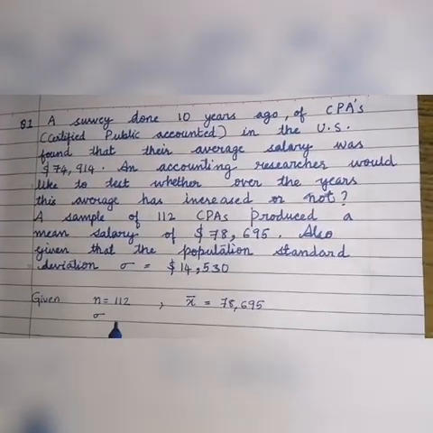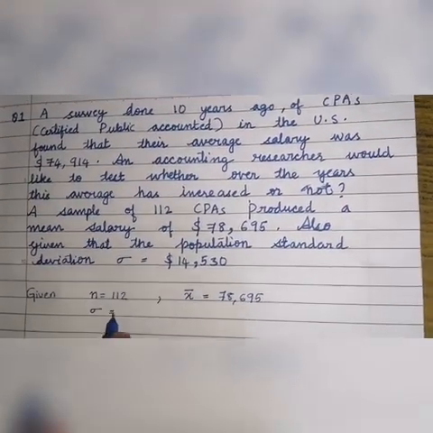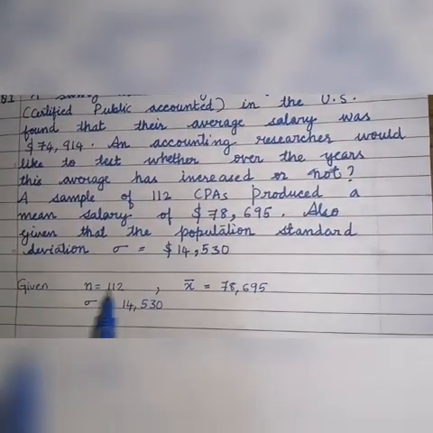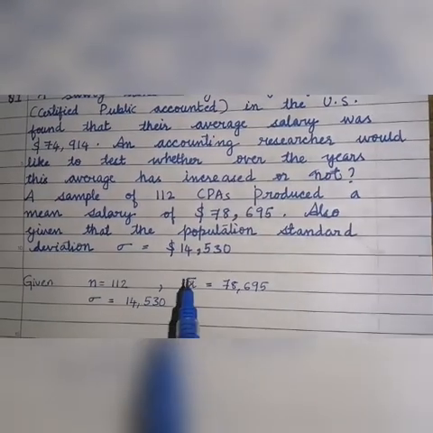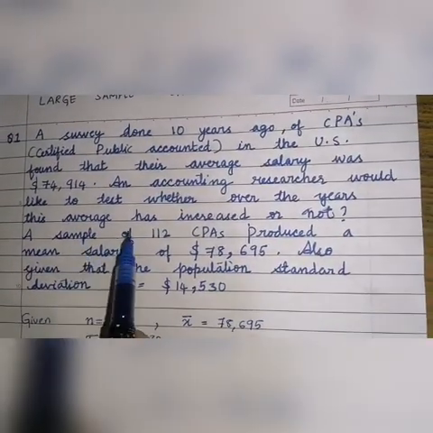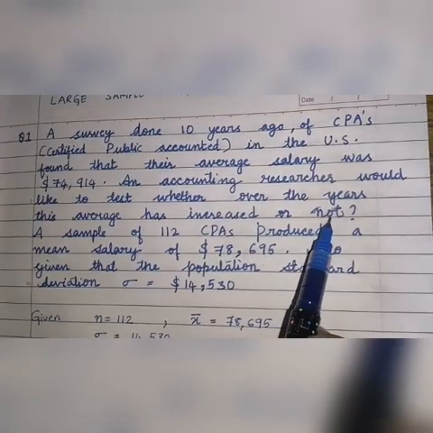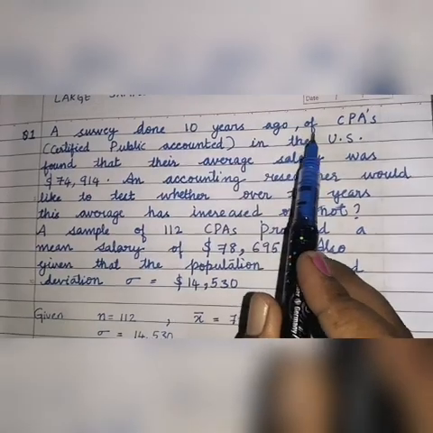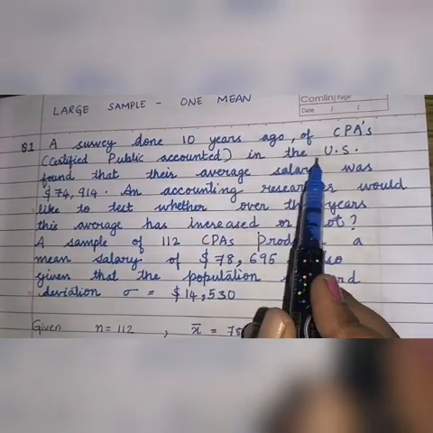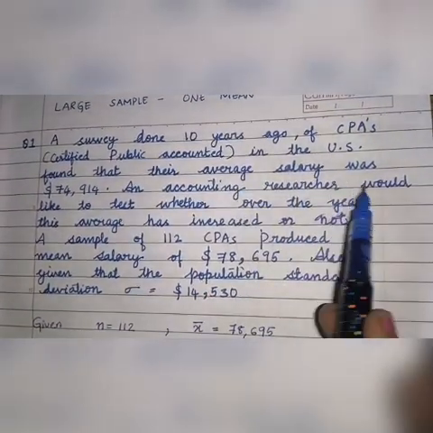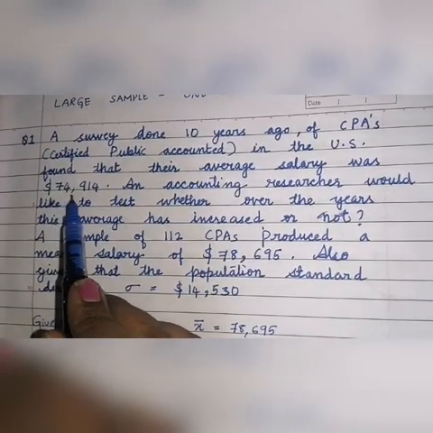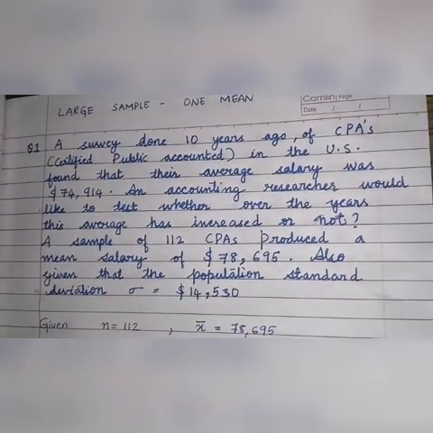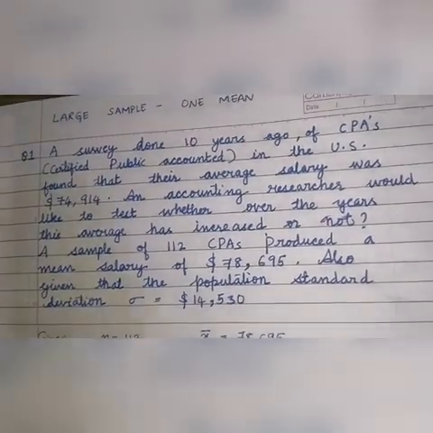Here it is population, so we represent it by the population parameter sigma, which is $14,530. So these three values are given to us and they are asking us to find if the average income has increased or not. A survey was done 10 years ago of CPAs in the US, which found that their average salary was $74,914.